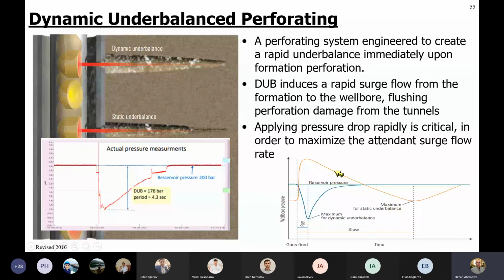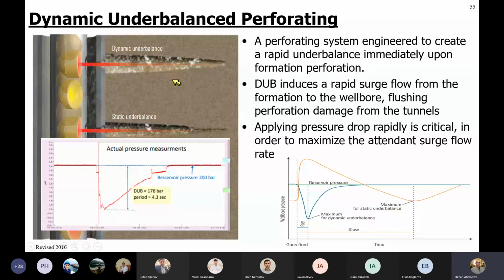For this short period, very high velocity fluid inflow happens through the perforation tunnel, which cleans the perforation tunnel. As the effect of these gases or light substances goes away, the reservoir fluid flows into the wellbore at very high velocity.